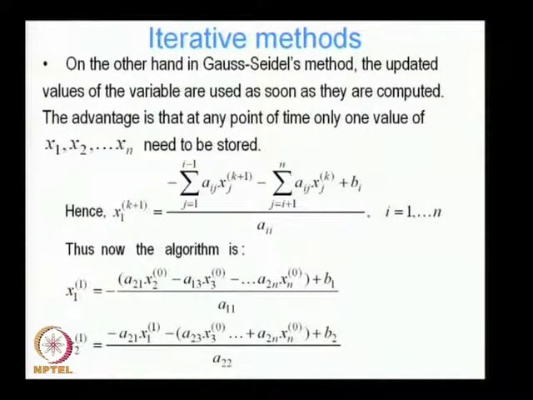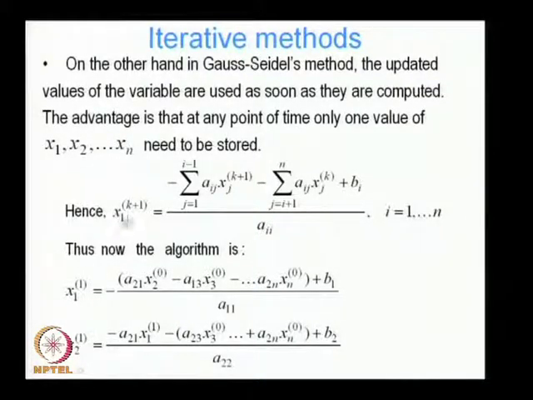So, for this Gauss-Seidel iteration, the algorithm is as follows: xi^(k+1) is equal to minus aij xj^(k+1), j is equal to 1 to i minus 1, minus aij xj^(k), j is equal to i plus 1 to n. I am sorry, this is i.